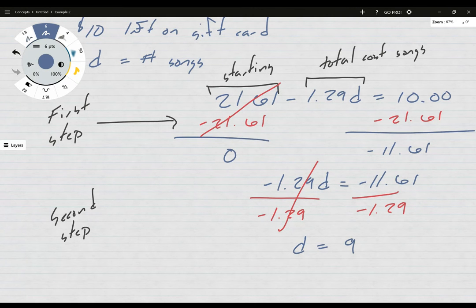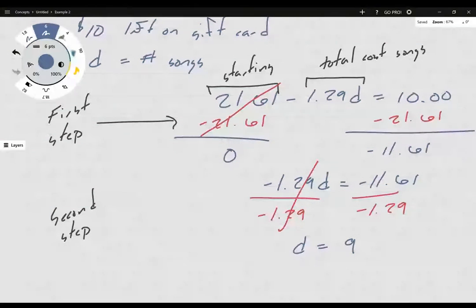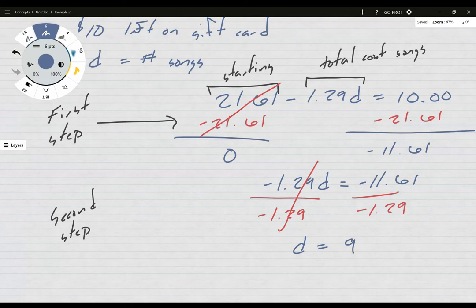It's positive 9 because if we go back to our division rules for negatives, a negative divided by a negative is a positive. So D equals 9. So that means he downloaded 9 songs. So again, the first step was subtraction, and then the second step was division.